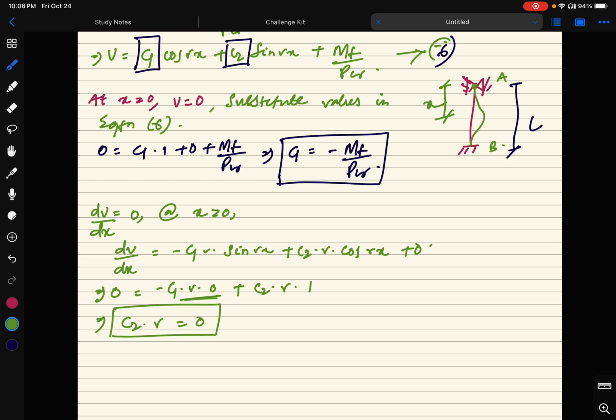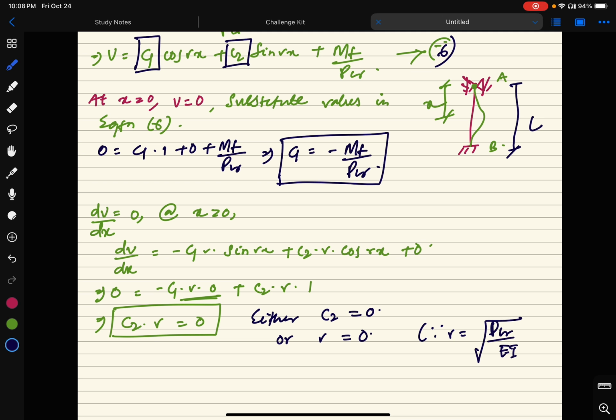Now c2 dot R is equal to 0 means either c2 is equal to 0 or R is equal to 0. We have R is equal to square root of PCR by EI, so this cannot be 0.